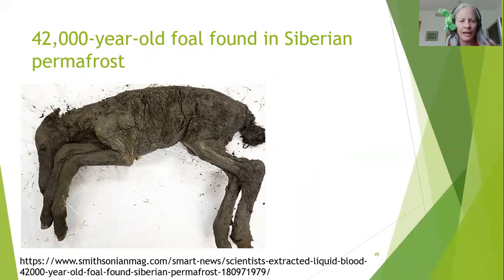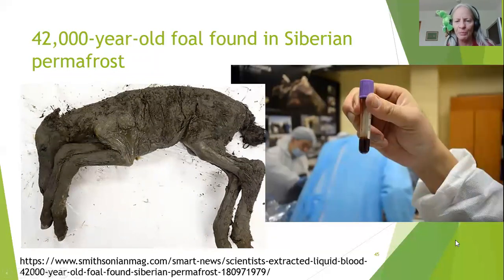And here's another example of cold temperatures having low decomposition. This is a baby horse, a foal, that was found in Siberia in permafrost. I can't remember, I saw this article just recently. I think it was just a couple of years ago. They found this baby horse, and it was so well preserved in the permafrost that they were able to extract some liquid blood from it.